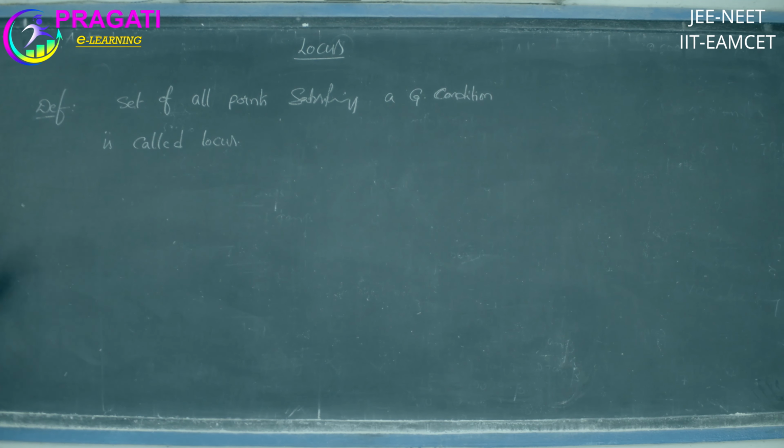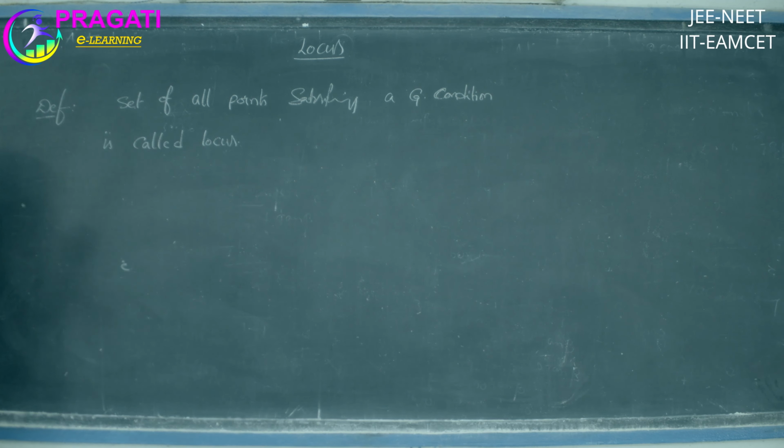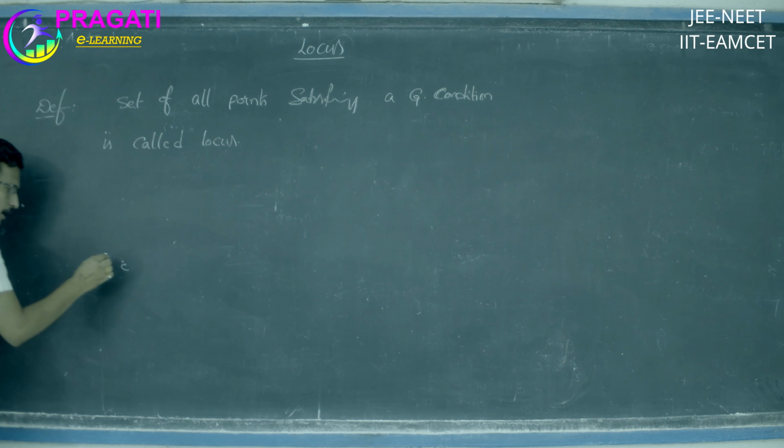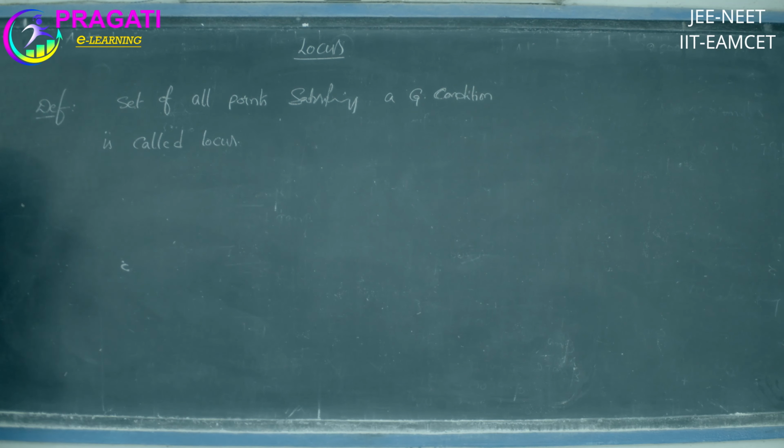In this plane, consider a point C. It is a fixed point C. Here you observe that there are so many points on this plane, but we consider only one point C. How many points are at a distance of r units from C?